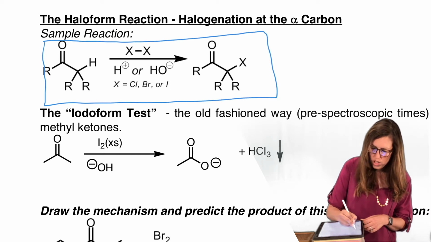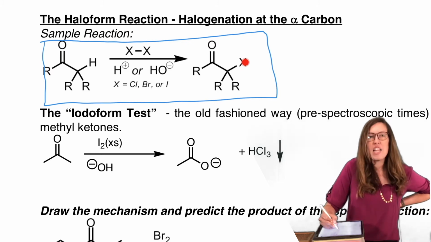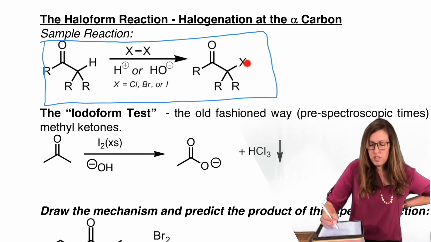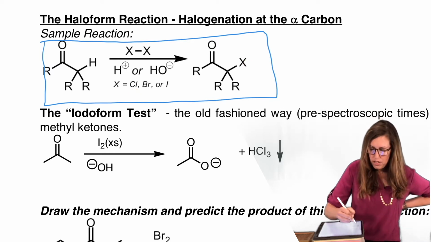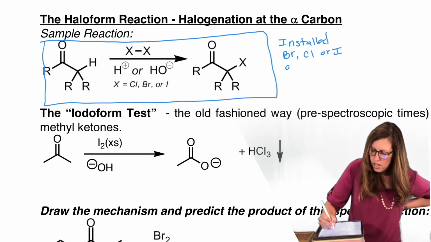Take a look at what changed. We have an X, a halogen. XX is like chlorine or bromine or iodine, right? So we've installed, I'll write that down, installed Br, Cl, or I on an alpha carbon.